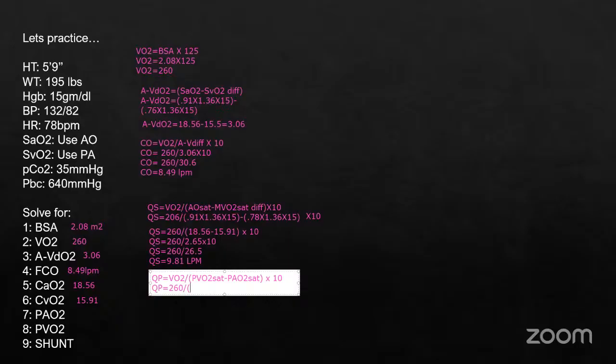So atrium. Why did you use atrium on the right side? Because I'm looking for PV. That is the right answer, but I want to know why you use LA. Vein is venous and A is arterial. But what is your pulmonary vein saturation on diagram A?